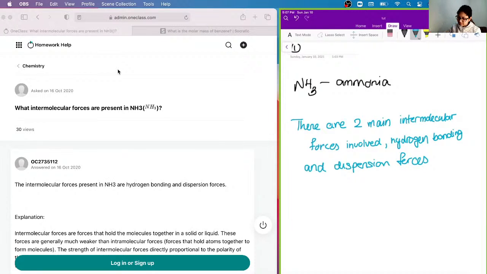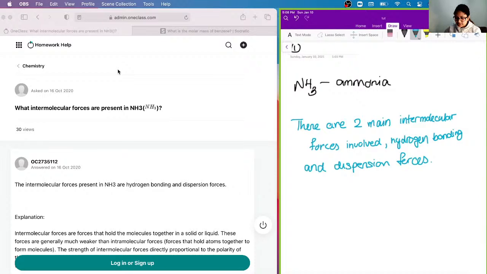Intermolecular forces are forces that hold molecules together in a solid or a liquid. These forces are generally much weaker than intramolecular forces, which are forces that hold atoms, the main components of compounds, together to form molecules.